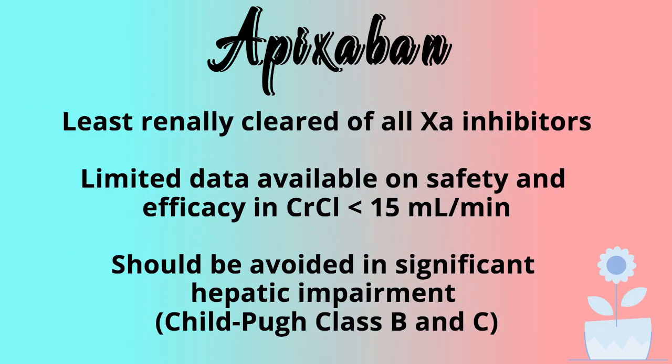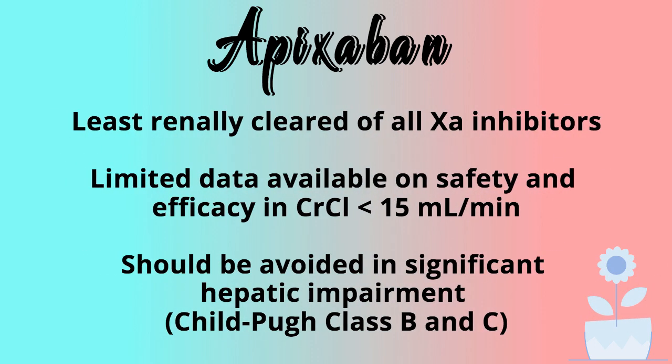The great thing about apixaban is that it is one of the least renally cleared drugs of all Xa inhibitors. So this works in its favor. That means that more people, even with renal dysfunction, can actually take this drug.